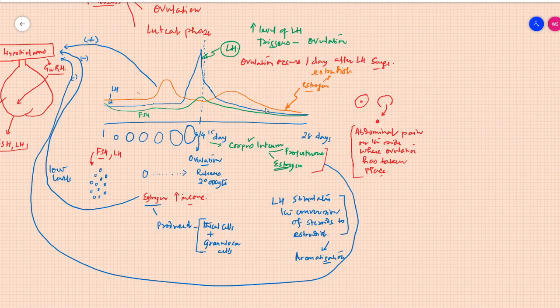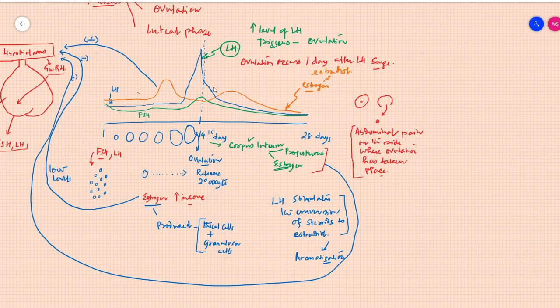So if at this time pregnancy occurs, then there won't be further development of the egg, because FSH and LH will be significantly low in concentration. It will prevent another egg from maturing when a pregnancy is underway. So that is again a protective mechanism of the body. It's a feedback mechanism.